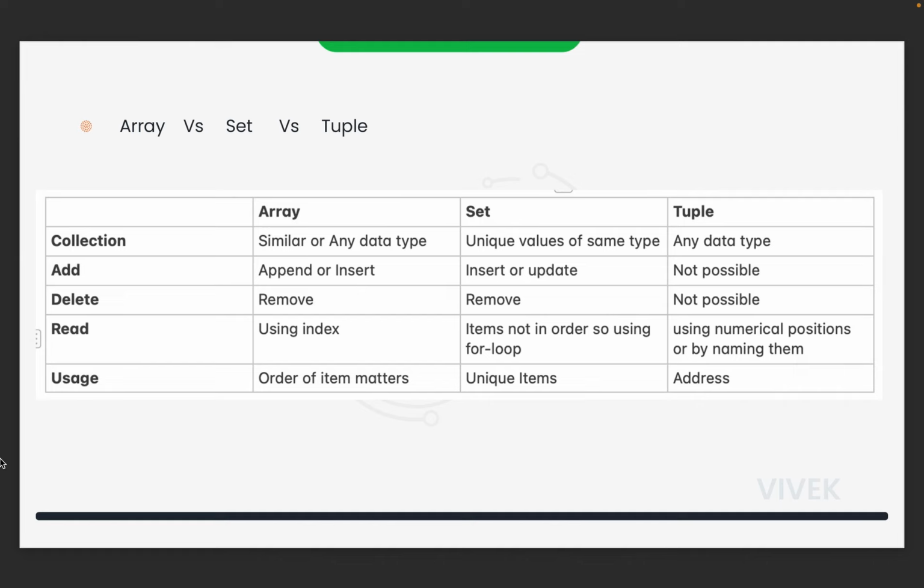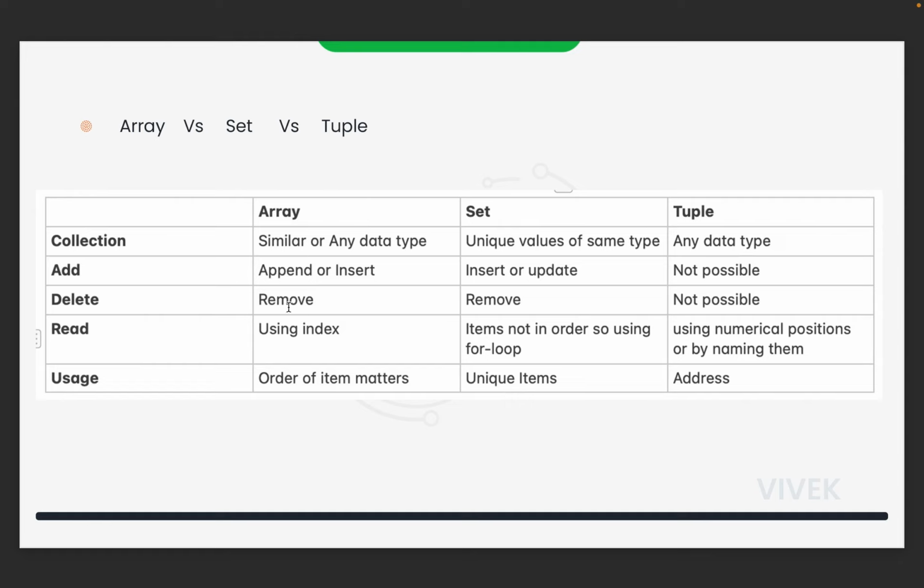So these are array, set and tuple. When compared, a collection with similar data or any data will be in the array. Sets will have unique values of the same type. Tuple will have any data type. To add, in an array we can use append or insert. In sets we can use insert or update. Tuple, it's not at all possible to add.